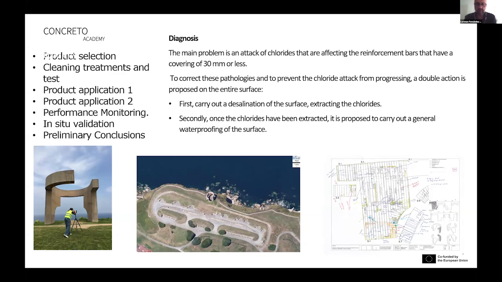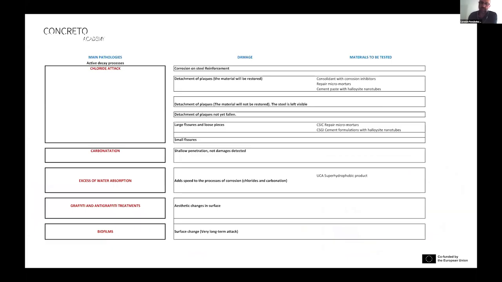There's a method to do that, which is carried out very easily when you work with a stone. And then once they are extracted, we want to do a waterproofing. And the problem of the waterproofing is that it changes the surface. And when you are dealing with a landmark, you cannot do this.